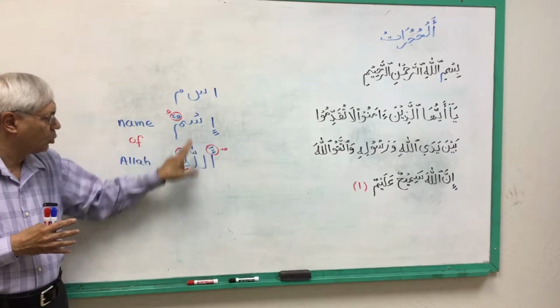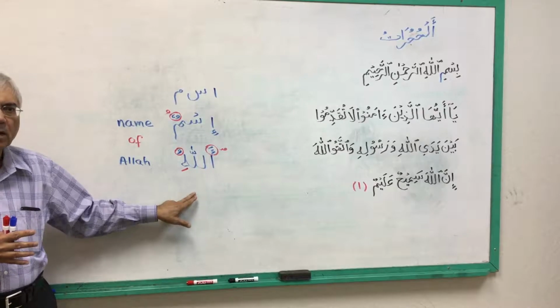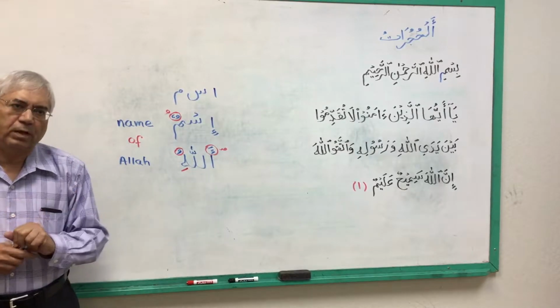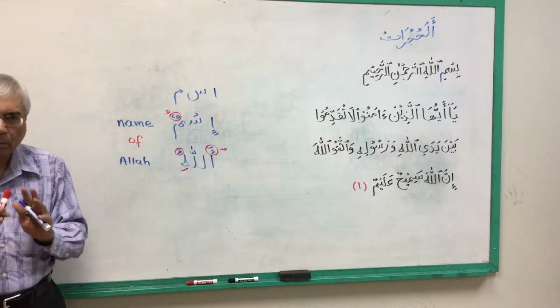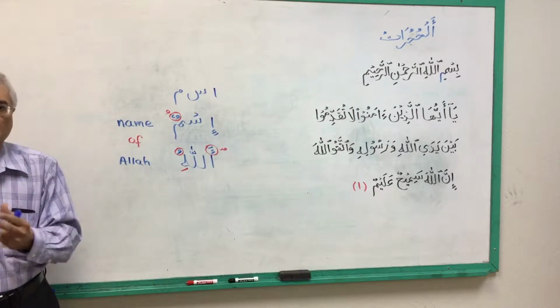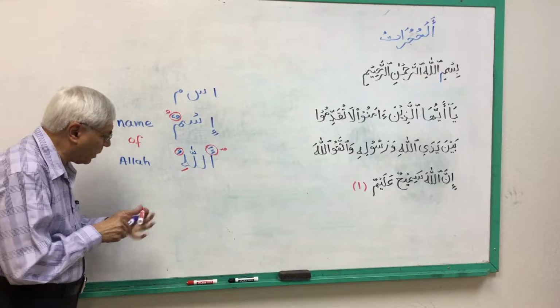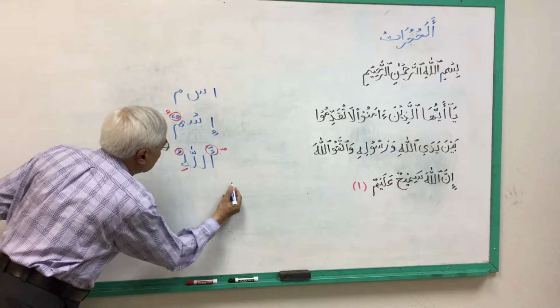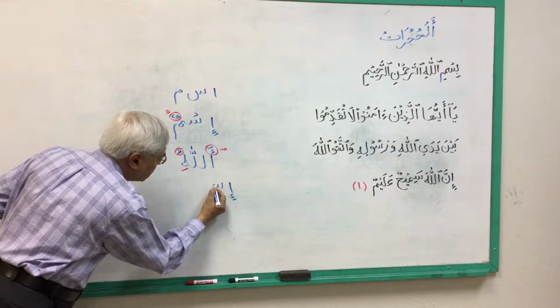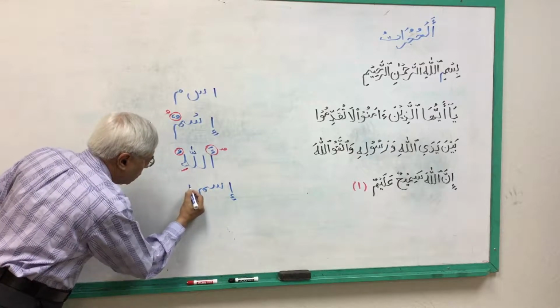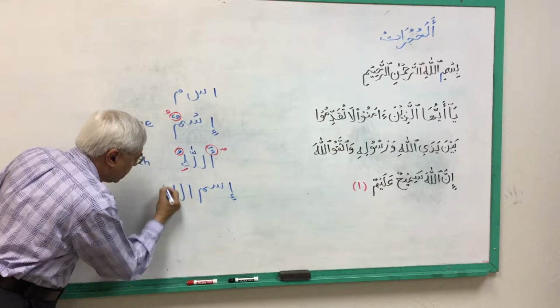So in the process of joining these two words together, we drop the sound of alif. So alif is not alif anymore, but it's now called hamzatul wasl. So what is left now is the word mullahi.